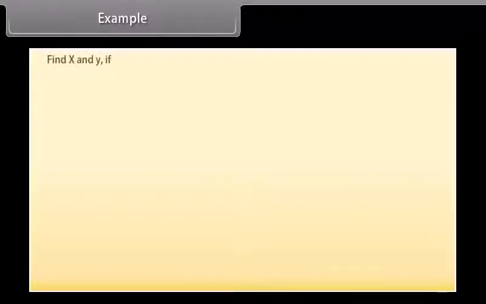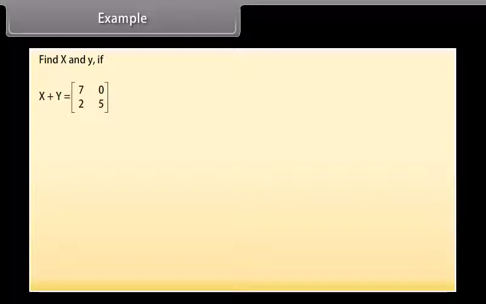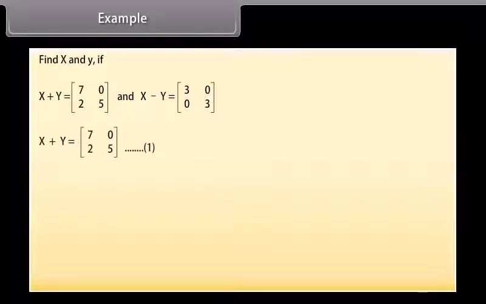Example. Find X and Y if X plus Y is equal to the matrix, row-wise, first row 7, 0, second row 2, 5, and X minus Y is equal to the matrix, row-wise, first row 3, 0, second row 0, 3. Solution.